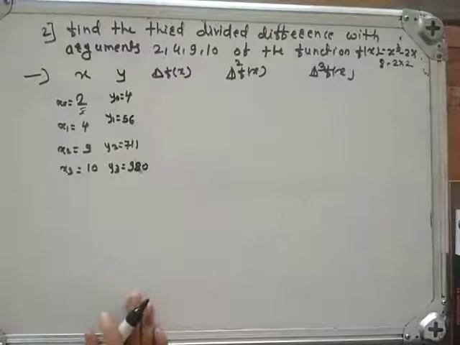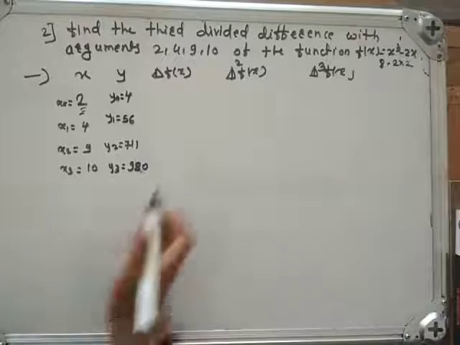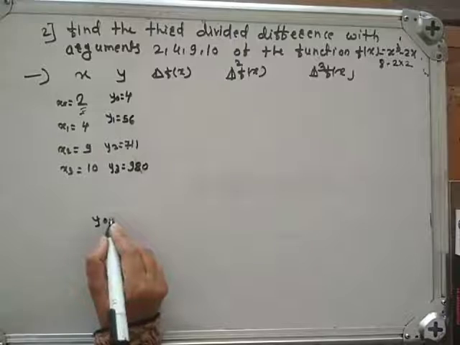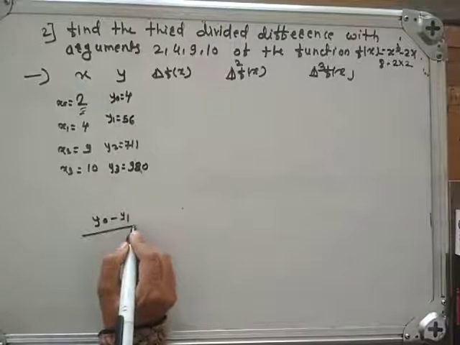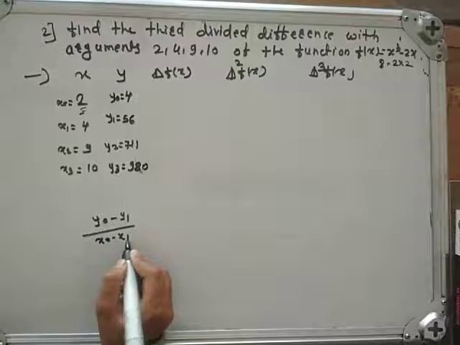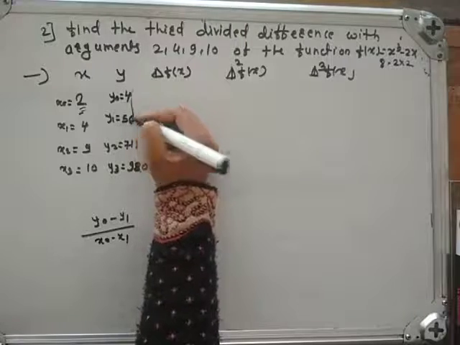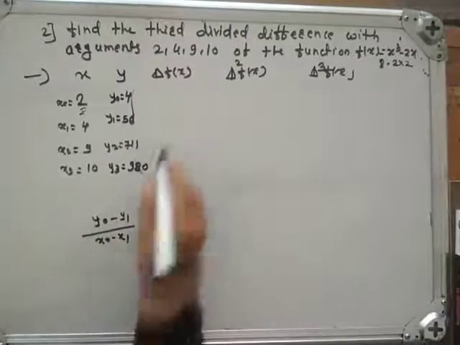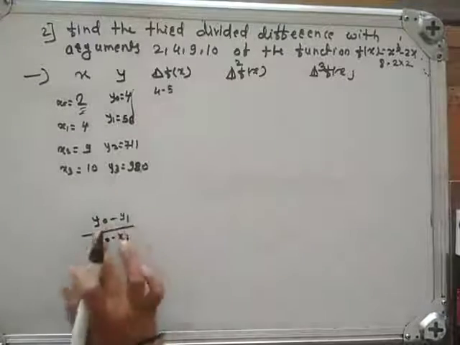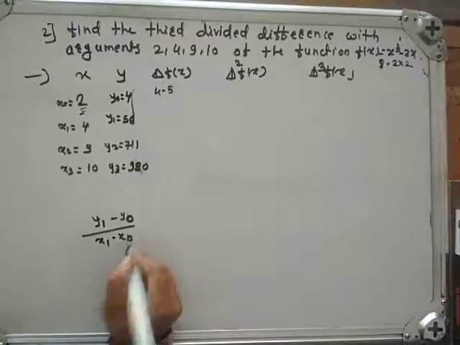Okay. Now we have to calculate the first divided difference. What is the formula for the first divided difference? It is nothing but y1 minus y0 upon x1 minus x0.